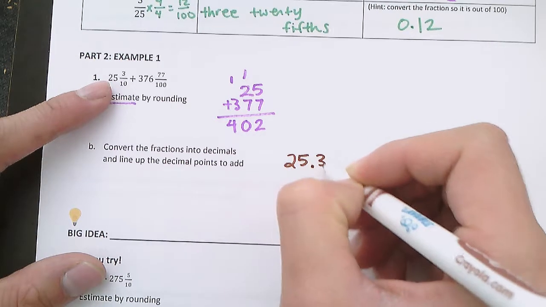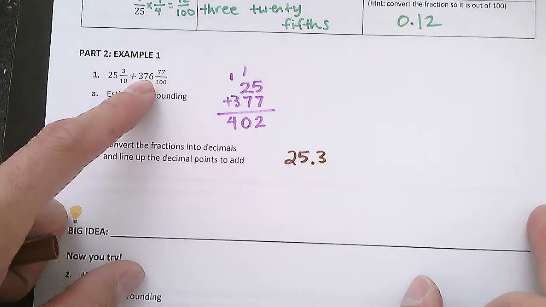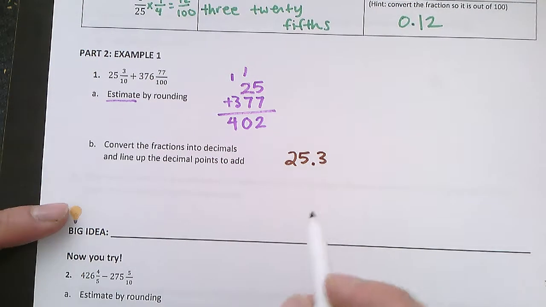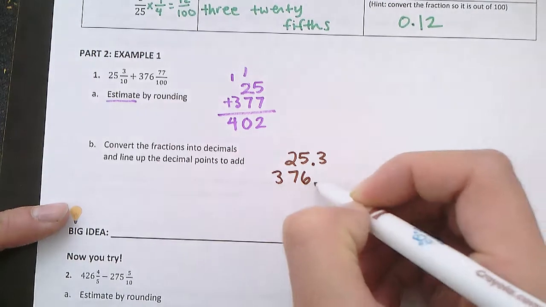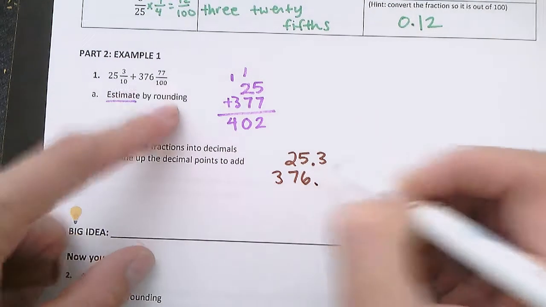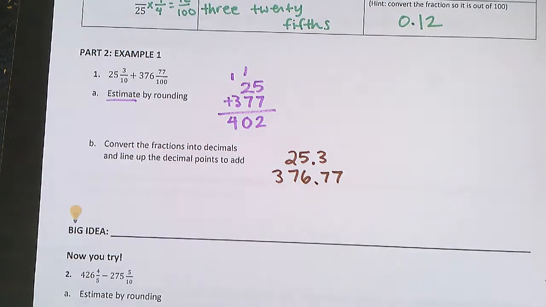This is the tenths place, so 3/10. 376 and 77/100ths is the same thing as 376, and then it goes out to the hundredths place, so 77/100ths, just like that.